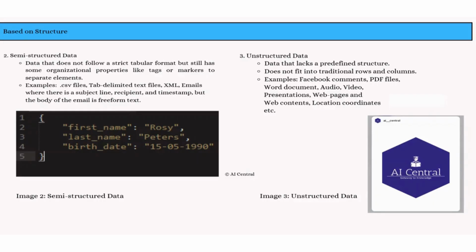This presentation itself is an example of unstructured data. We can see that I have utilized text and images throughout the presentation and there is no predefined structure to it, right? Furthermore, we can consider PDF files, Word documents and audios as examples of unstructured data.